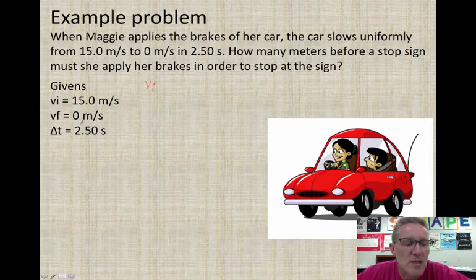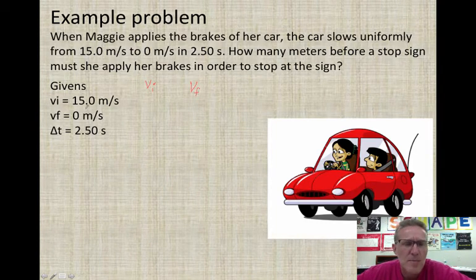Then she's coming to a stop, so the VF, which you'll also see as V sub F, is 0 meters per second.